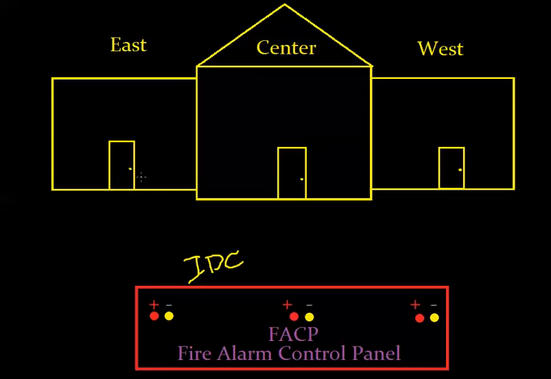There's a pull station by the door and a smoke detector on the ceiling there. So let me try to draw the pull station. Bear with me. There's my box and my smoke detector.